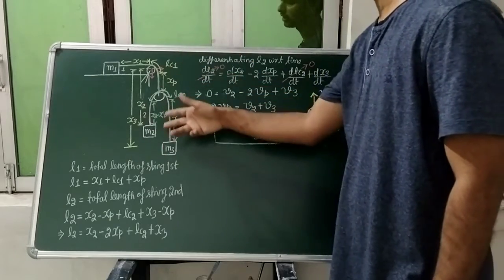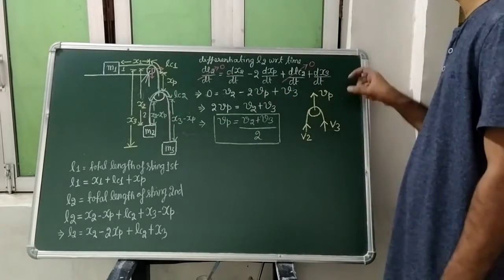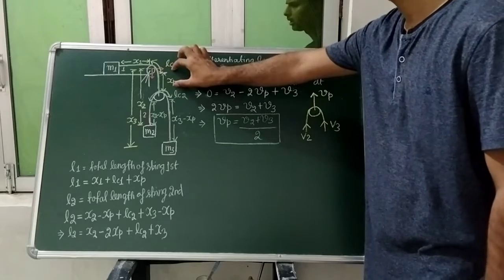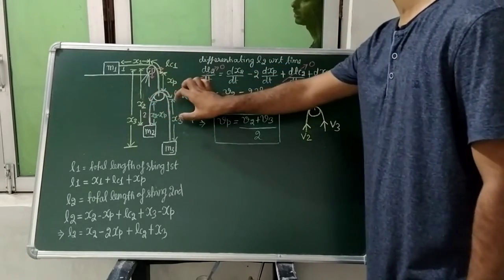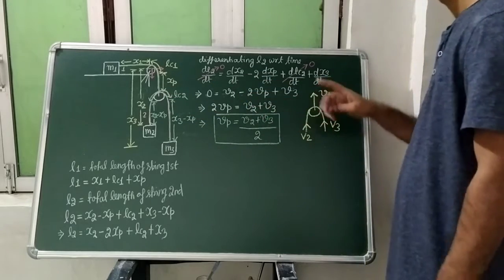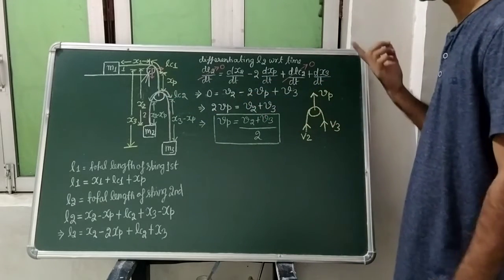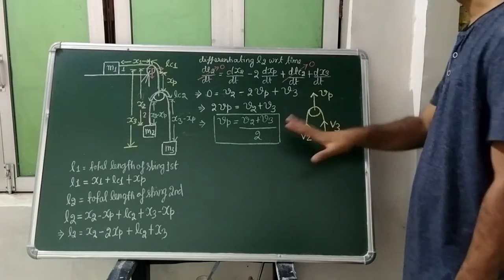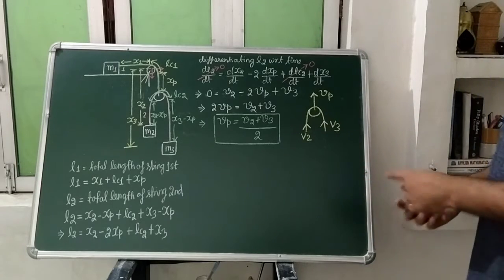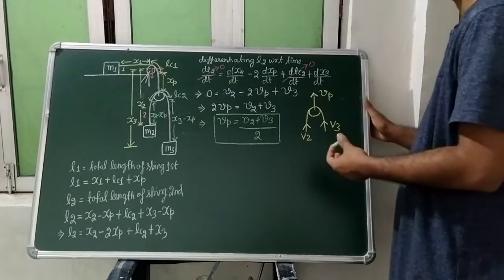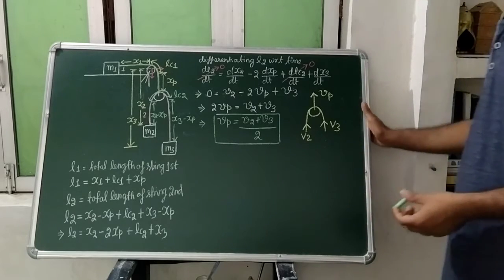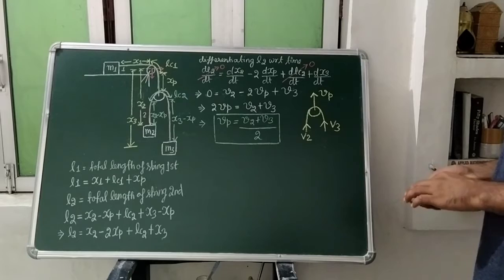By considering this example, we are seeing that whatever velocity is present here should be equal to the velocity present here plus the velocity present here divided by 2, in that same direction. And we will talk only about the inertial frame of reference. We are not talking about any non-inertial frame of reference right now.